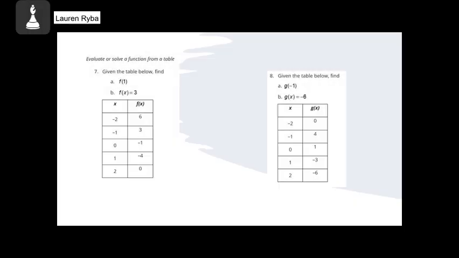We can also evaluate functions from a table, remembering that it's f of x. So if you have the number inside, that's going to come from your x. If it's f of x equals, we're going to look for y equals, or the second column. So given the table below, find f of 1. This is telling me x equals 1.